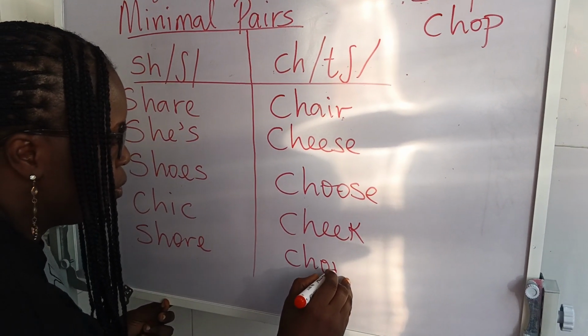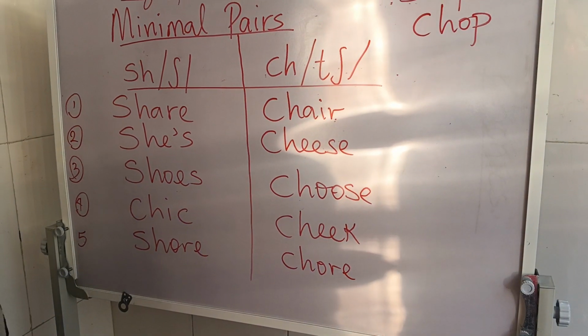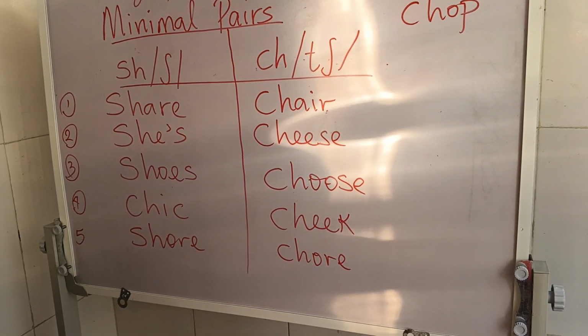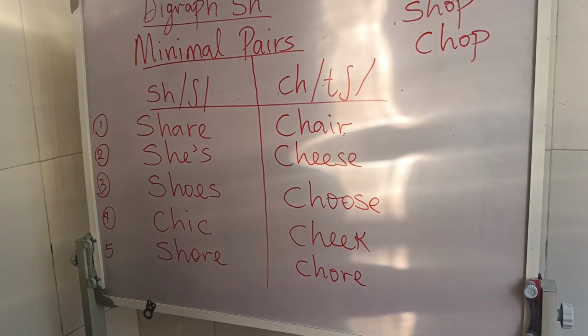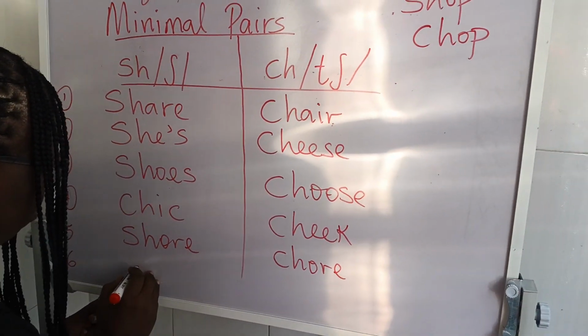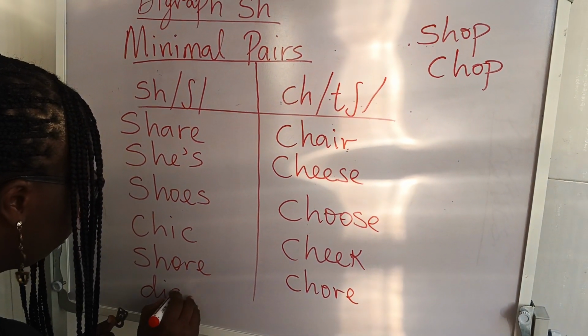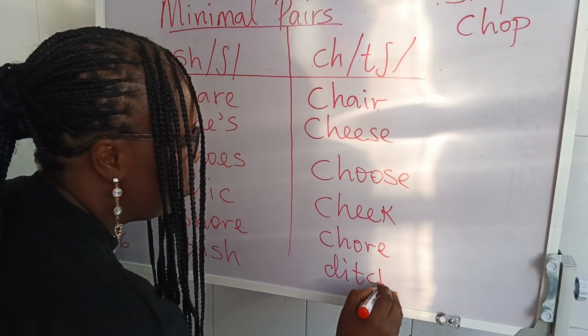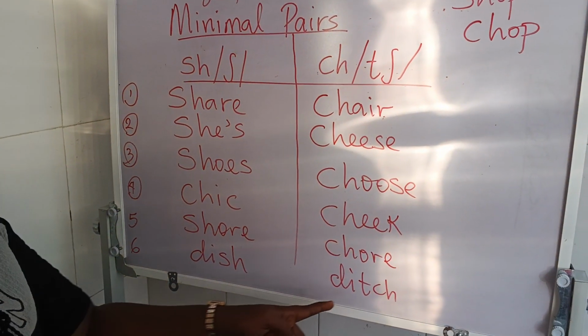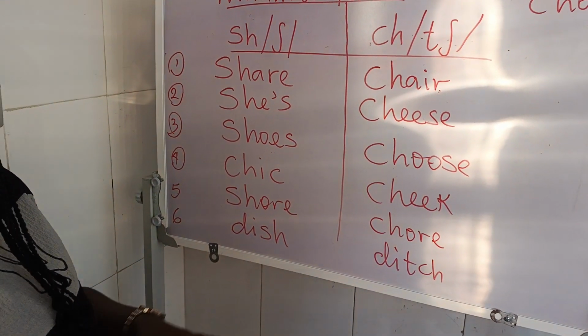That's chore. The minimal pair is your what? Your house chore. Are we all there? We also have number six, dish. And our minimal pair here is what? Ditch. Dish, ditch. And so many others.